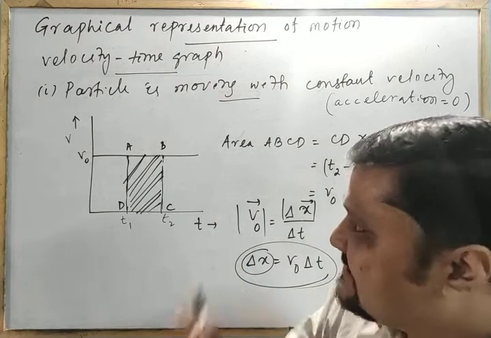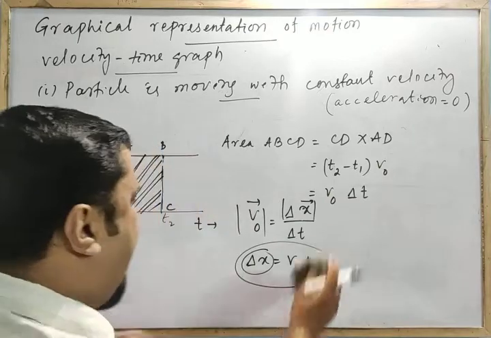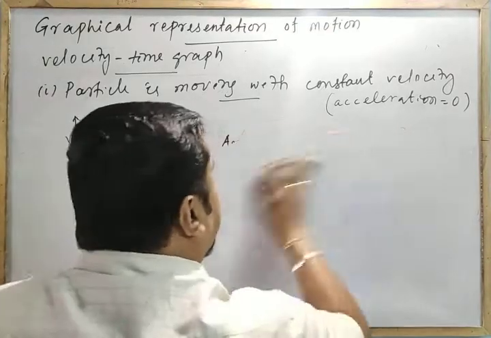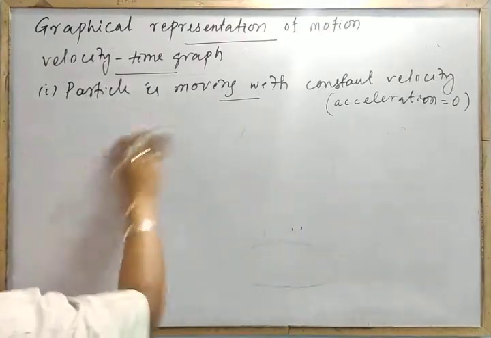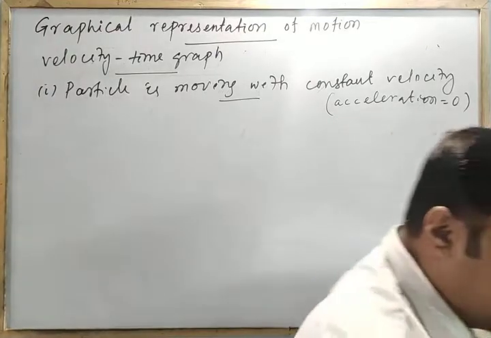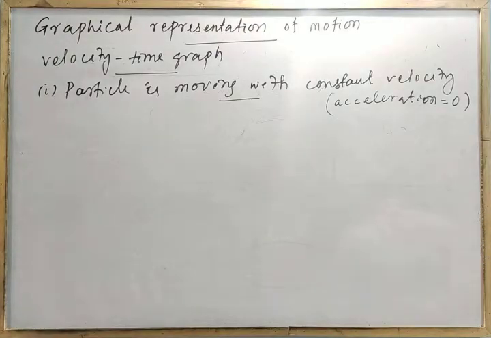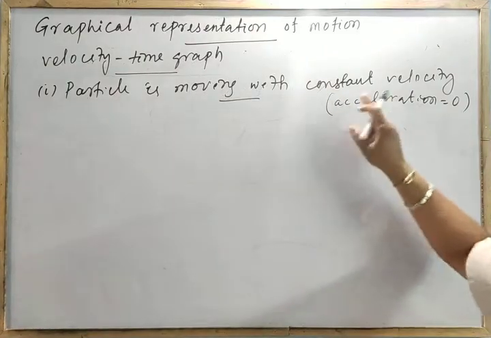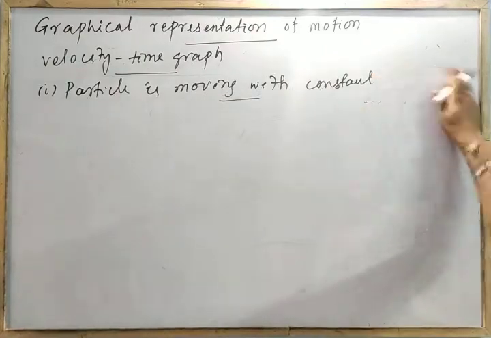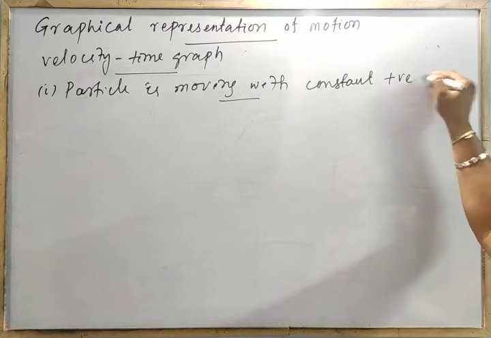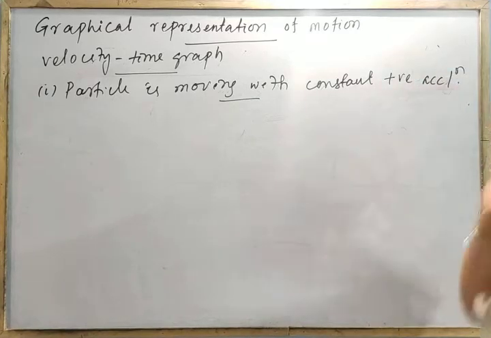So if this is the case, let us take another example. In the velocity-time graph, in that case, the particle is moving with a constant positive acceleration.